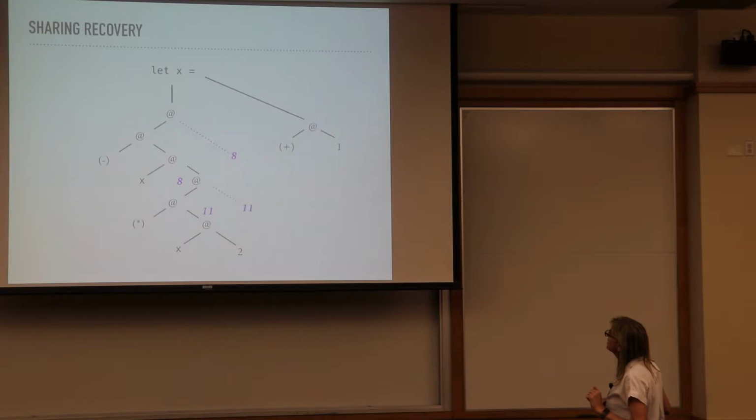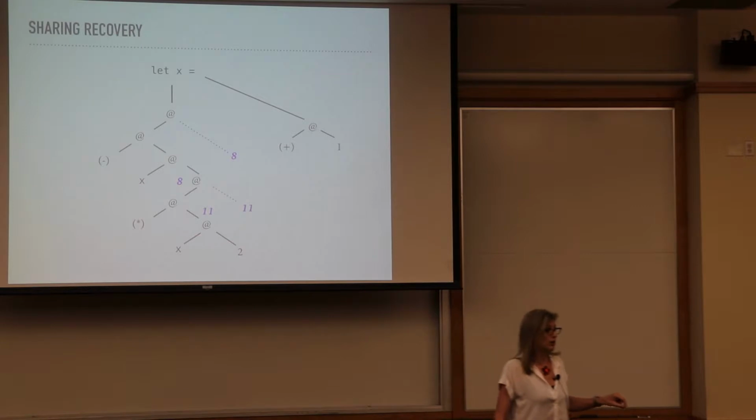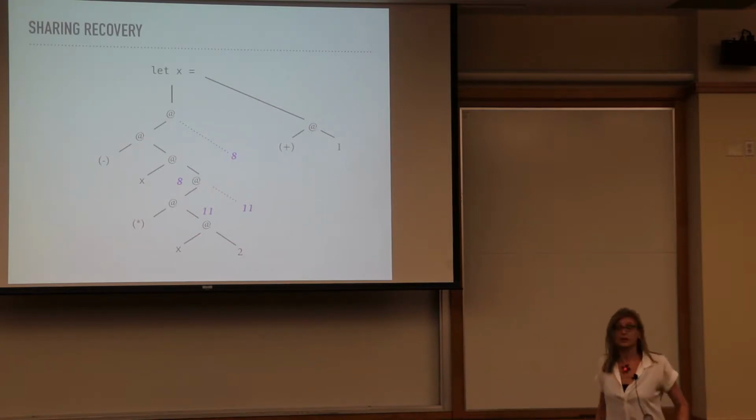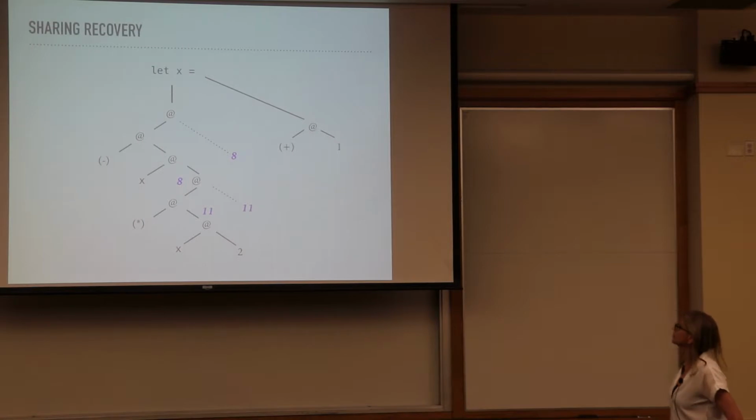Then I insert a let binding for this in my abstract syntax tree and replace all the references to this shared node with the variable in the let binding. I use regular variables, not de Bruijn indices here, because it's useful.